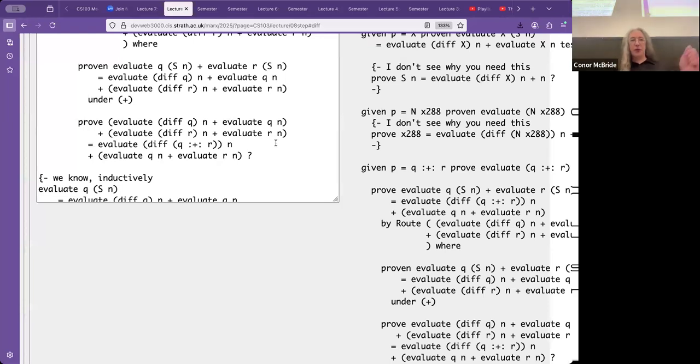So if we swap the middle 2 on the left-hand side of this goal, we'll group the left-hand side in terms of what's new, what's old. So you can see I'm trying to get evaluate Qn closer to evaluate Rn, because that's what I've got on the right-hand side of the goal. So the game at this stage is, what algebra do I know that might move the pieces that I need to be nearer each other?